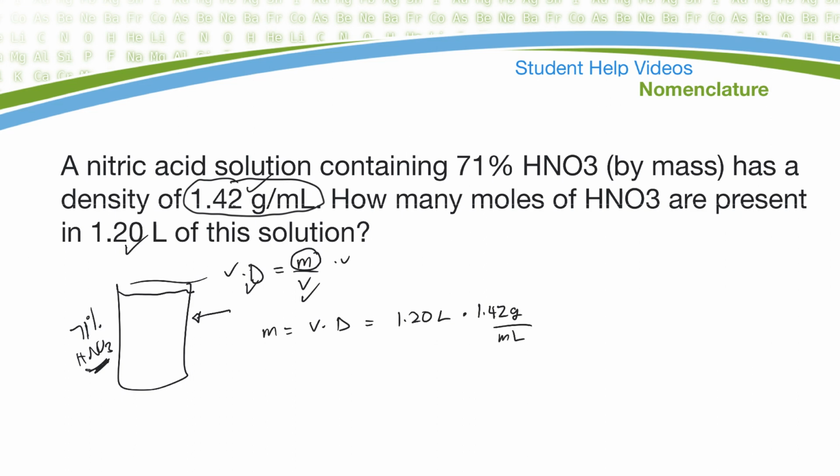Okay, I have a problem there in that here I have liters, here I have milliliters. Why don't I convert this one to milliliters? So if I go 3 decimal places over, it'd be 1200 milliliters, just so I can cancel the milliliters. Okay, so now let's do that on our calculator.